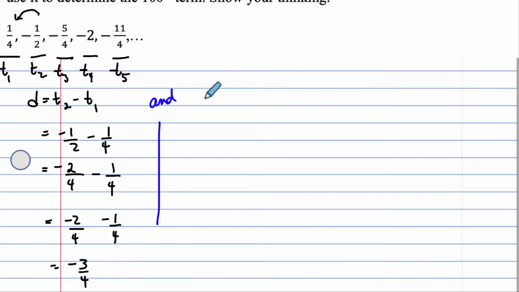And D is equal to T of 3 minus T of 2. So now we're checking this one. Negative 5/4 subtract, I know T of 2 was the same as negative 2/4.